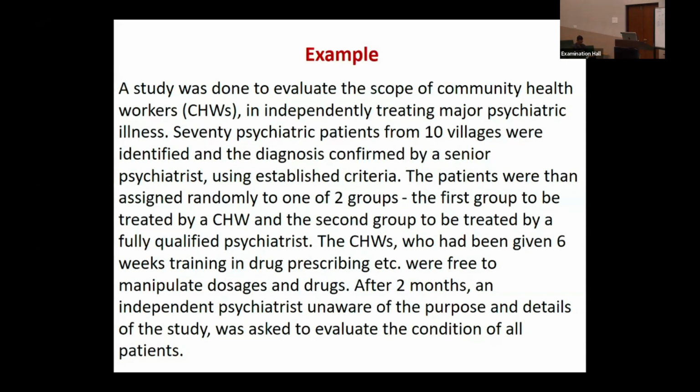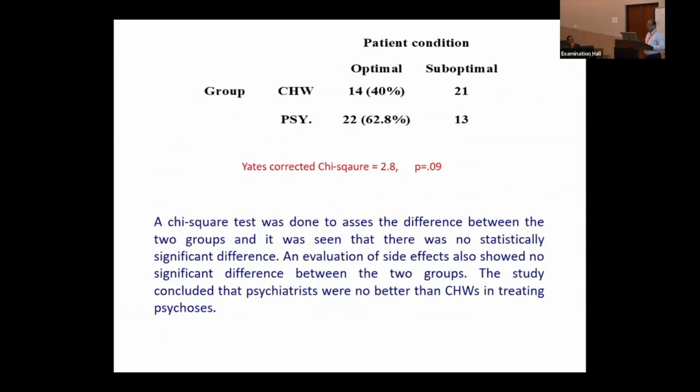The community health workers get trained, 35 of them, and there are 35 psychiatrists. Then after 6 months of training and practice and so on, that data, the outcome was optimal cure, suboptimal cure. This is the data.